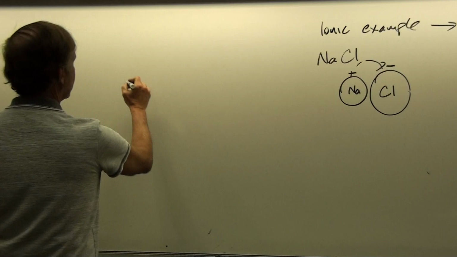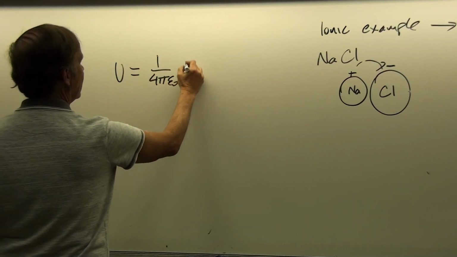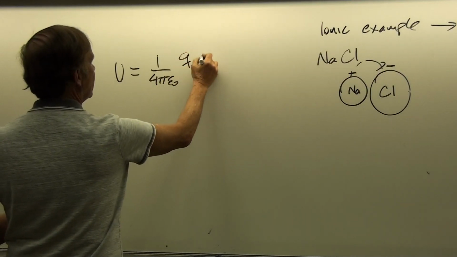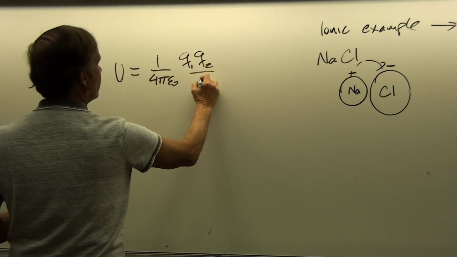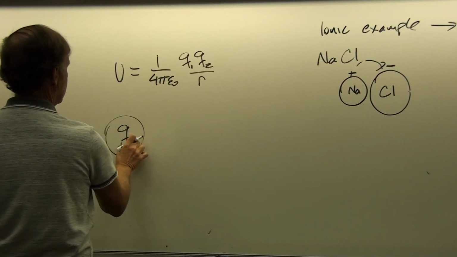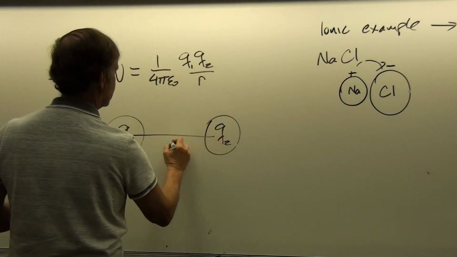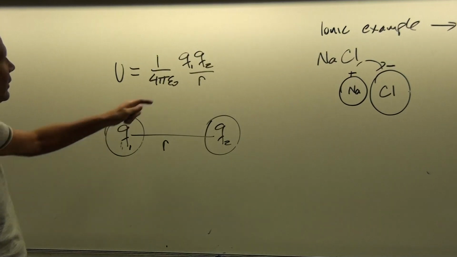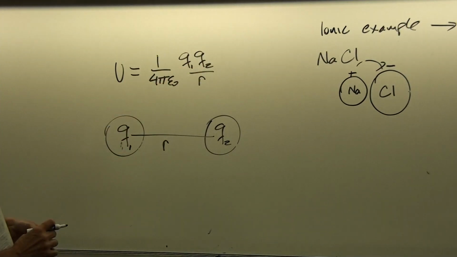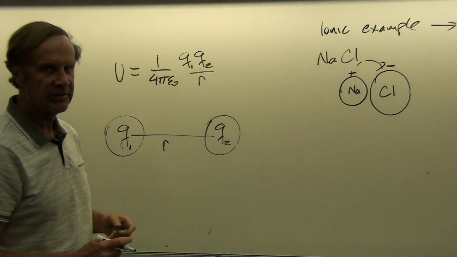And so that potential energy expression looks like 1 over 4 pi epsilon naught times Q1 times Q2 over R. Okay, so here's our charge Q1, here's our charge Q2, and then here's our distance R. Okay, so in this problem, Q1 and Q2 will be essentially the same, and that will equal the charge on an electron, because the electron is being taken from one and added to the other one.